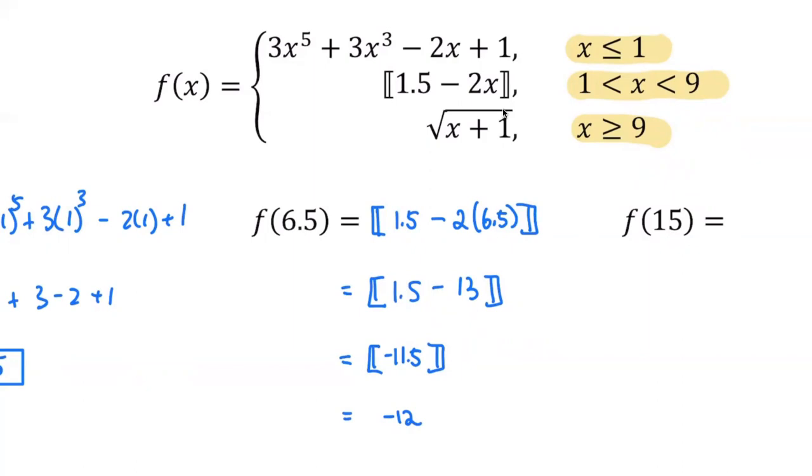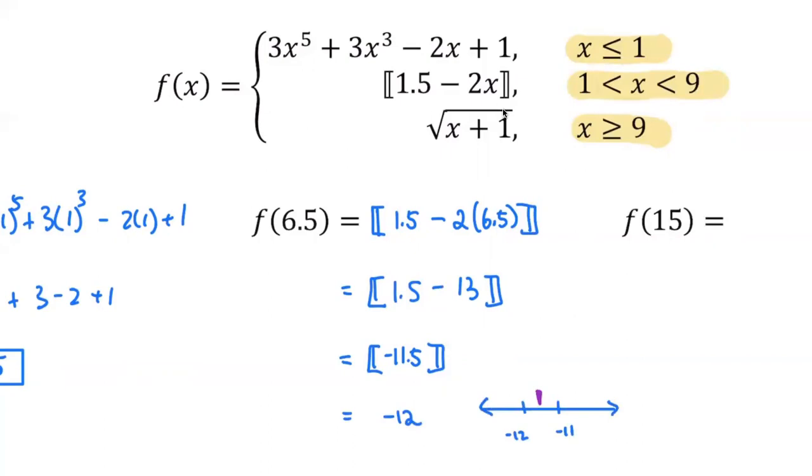It is so tempting. And we say, no, that's not right. If you think about the step function, this is negative 11, this is negative 12, and where is negative 11.5? It is right here. We go back to the previous integer, and that will be negative 12.